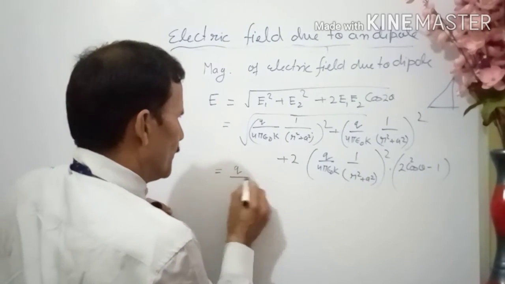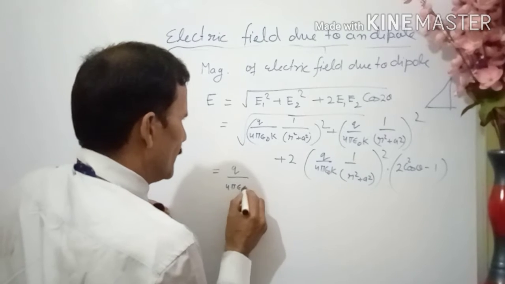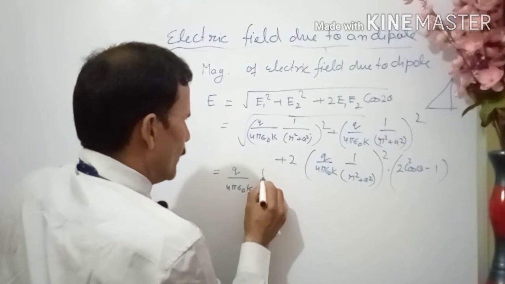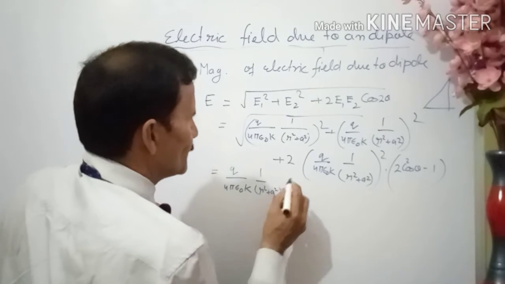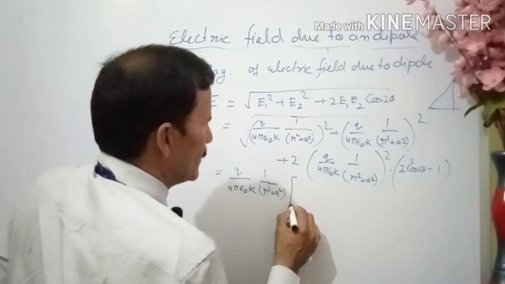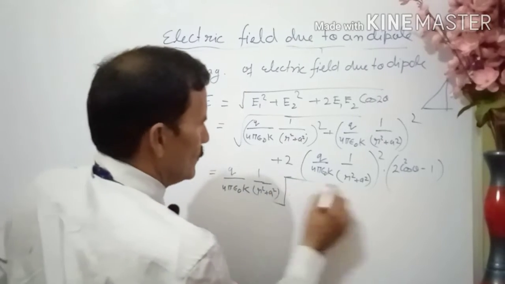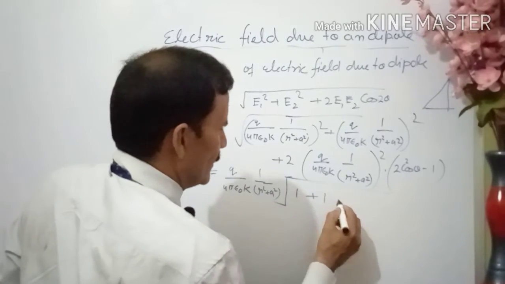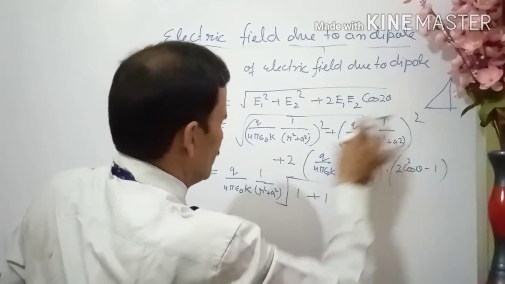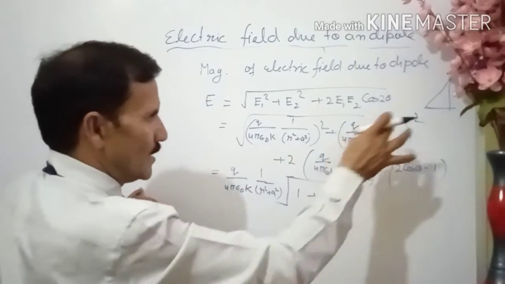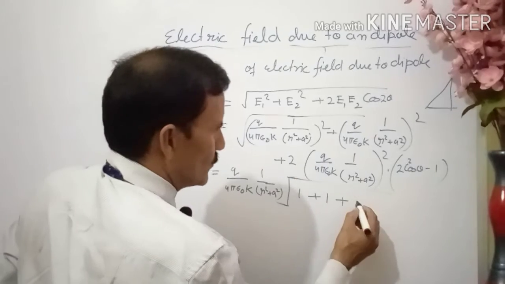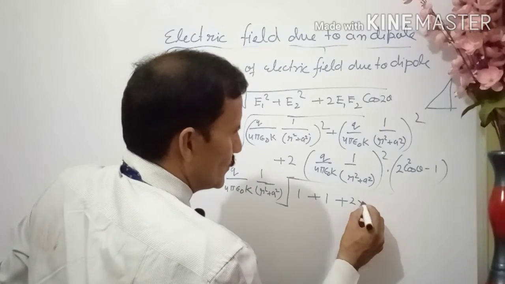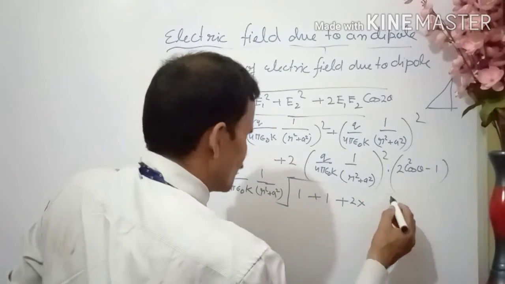Q upon 4 pi epsilon naught k, 1 upon r square plus a square, take common, and this is nothing but equal to 1 plus 1, the square will vanish because there is a square root, and this will be equal to 2 into this much.